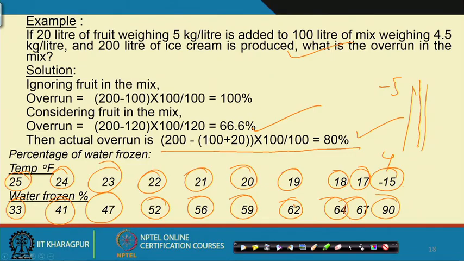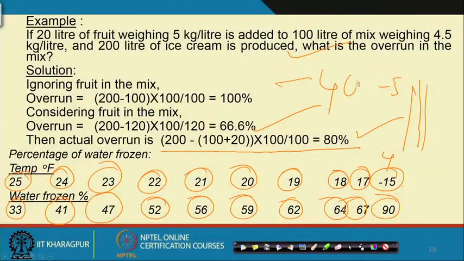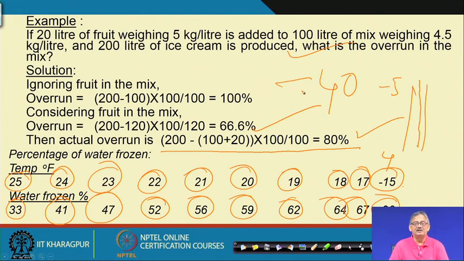I hope you know that there is one temperature where both Fahrenheit and centigrade are the same, and that is minus 40.